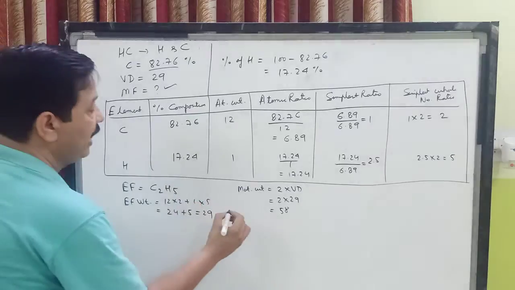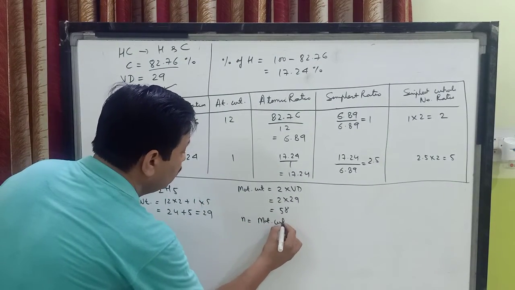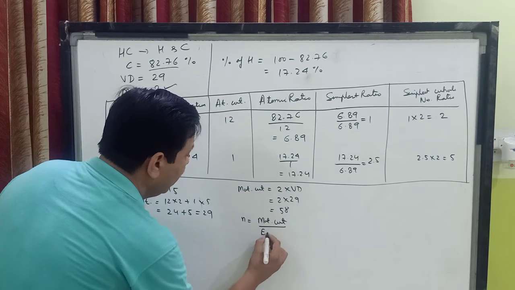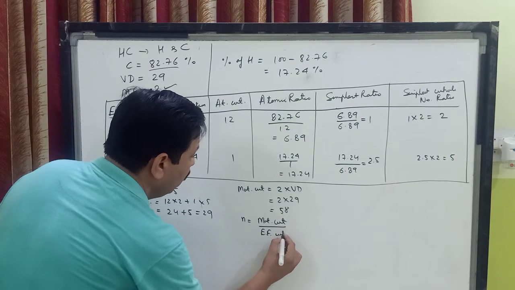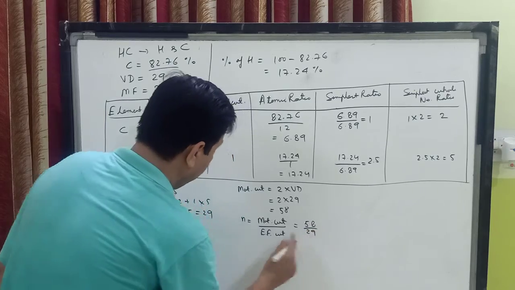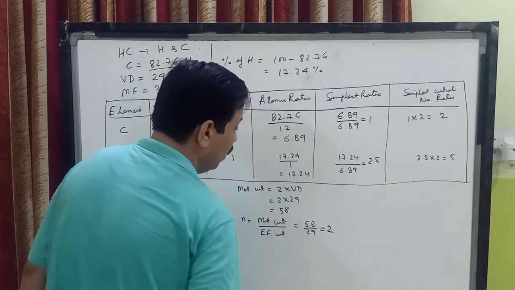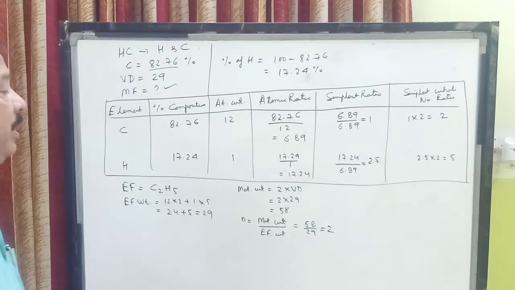And children, now we can calculate the value of N. Value of N is molecular weight divided by empirical formula weight, which is 58 divided by 29. We get the value as 2. So the value of N comes out to be 2.